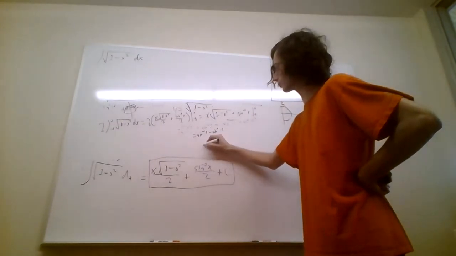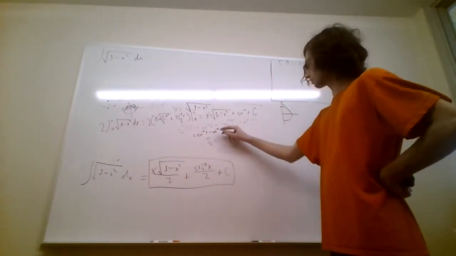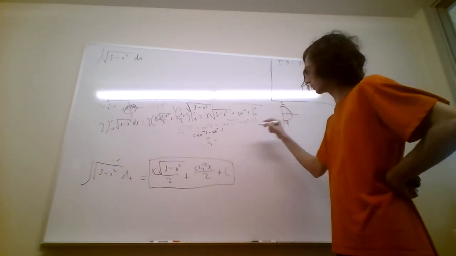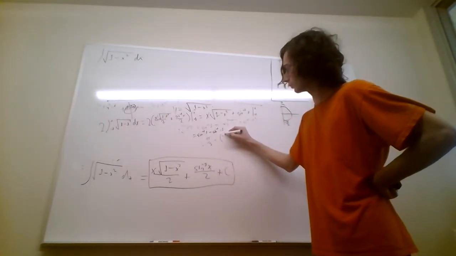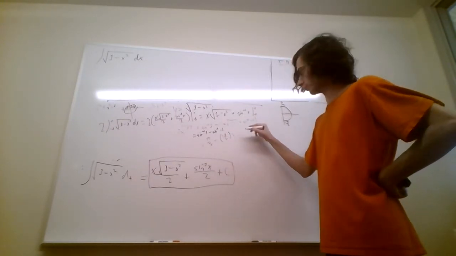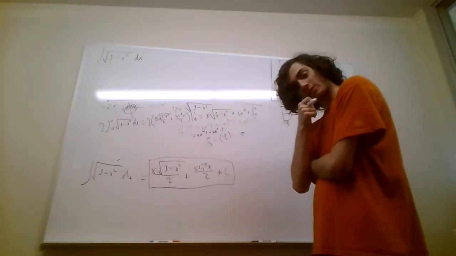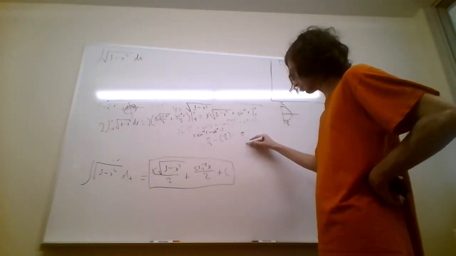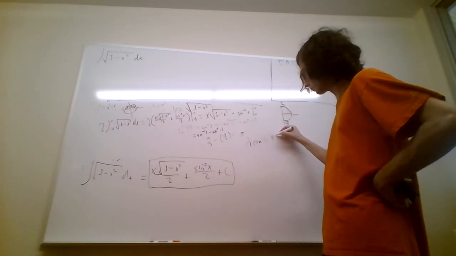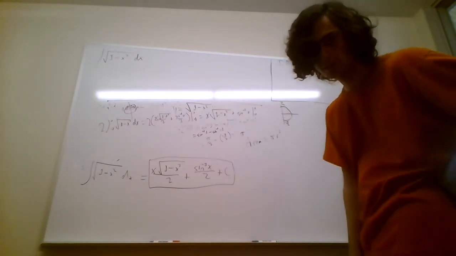So that's going to be pi/2 minus inverse sine of -1, which is right here, so that's -pi/2. So pi/2 minus -pi/2, that's just 2 times pi/2, which is equal to pi. Which makes sense because the area of a unit circle is pi r squared. R is just 1, so it's going to be pi. That's about it.